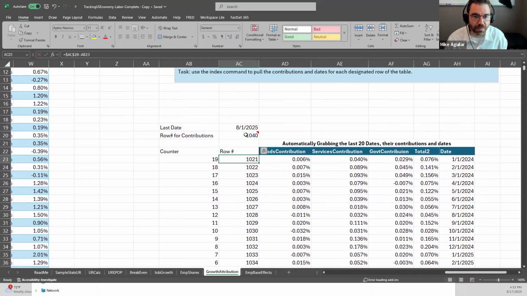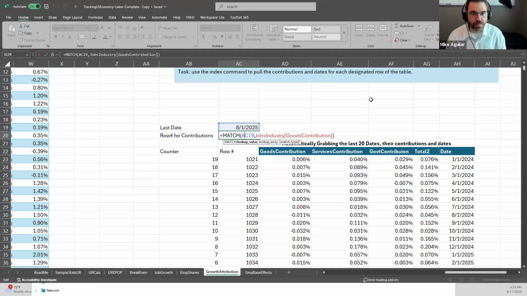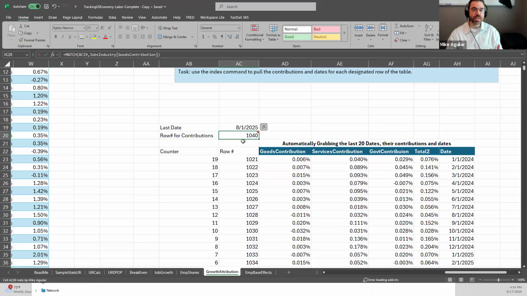What does that one mean? I want to match on AC19 for the goods contribution. You could do it for any of them. I want to find the last date that I've called in that table for the goods contribution. What's the row number for that? That row number is going to be 1040. That's the last time I have a value for this.